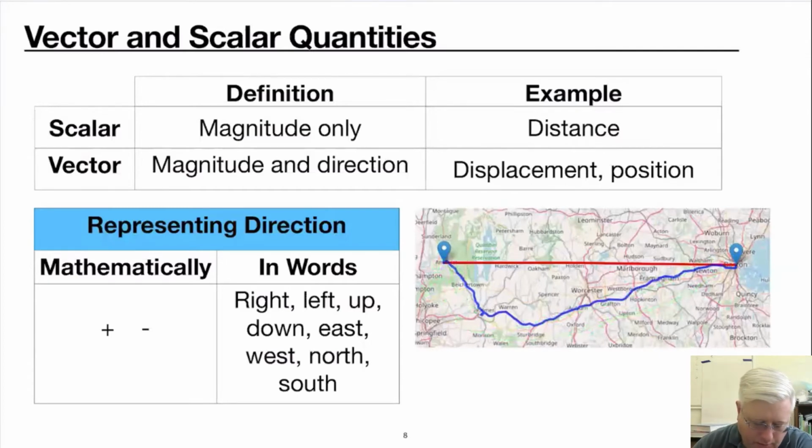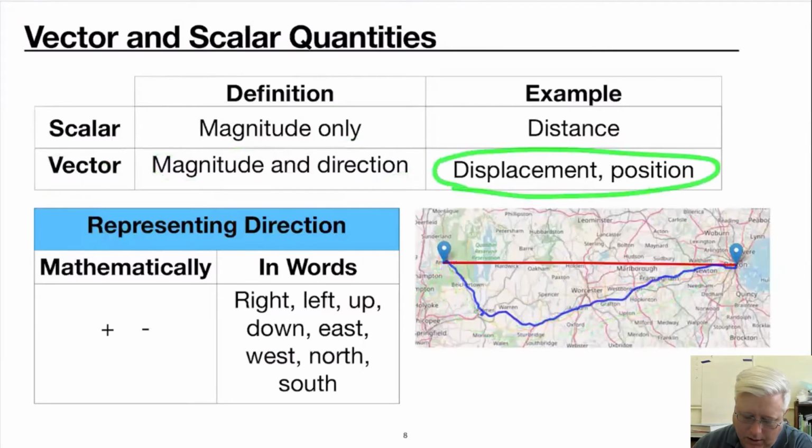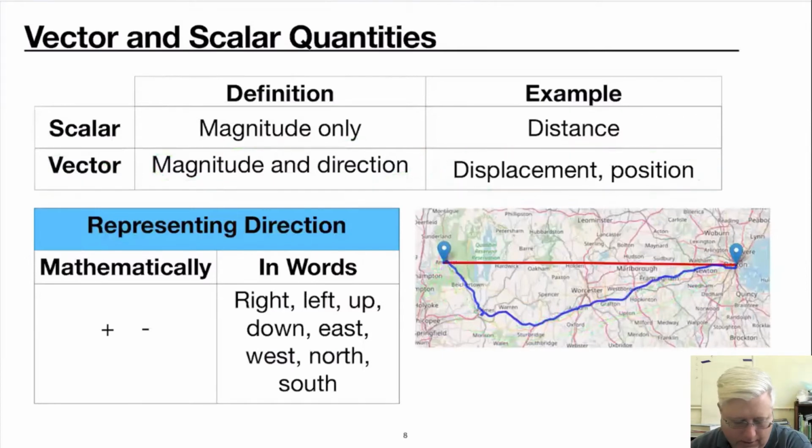Whereas with a vector quantity, we're dealing with a magnitude and a direction. Displacement and position are examples of vector quantities, because with displacement, I'm referencing a point. If I went from Amherst to Boston, I am now 74 miles east of where I started.